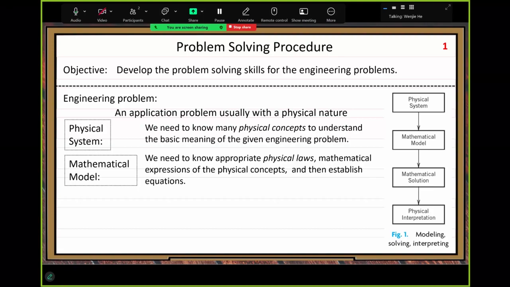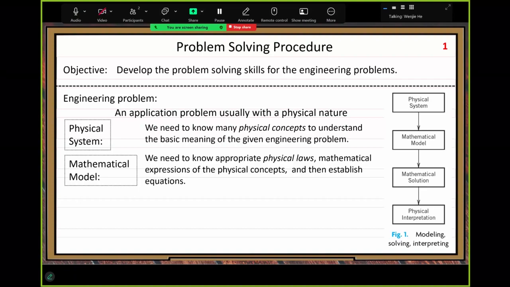We need to use several physical laws. You use those laws to construct your mathematical model to describe the problem, to formulate the whole problem.